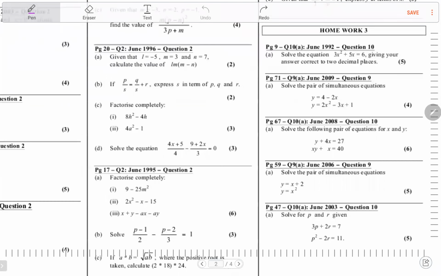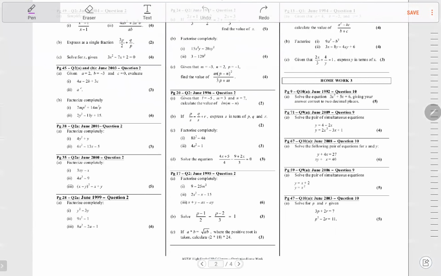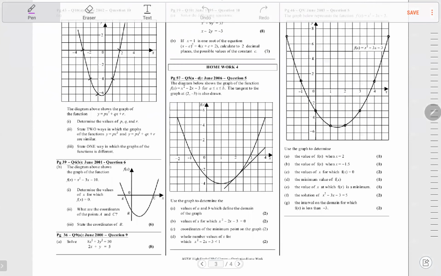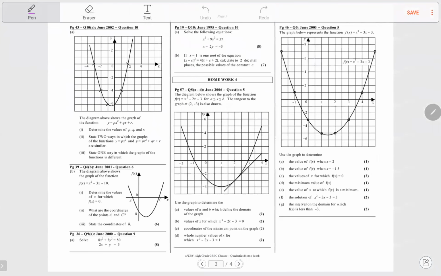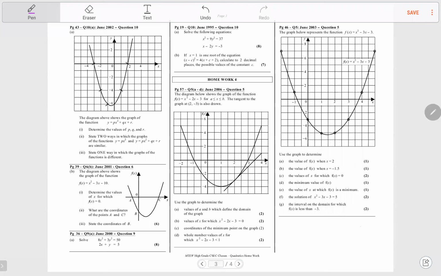And then it continues onto page 3, where you are now doing these questions up to 4. These two are simultaneous equations, but these two now are the questions where they give you the roots.